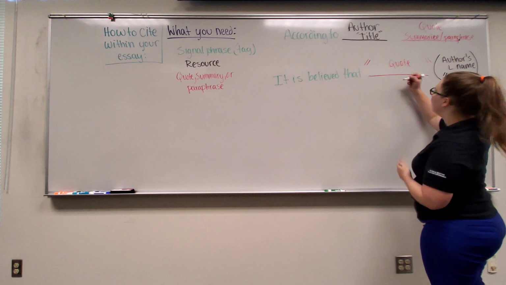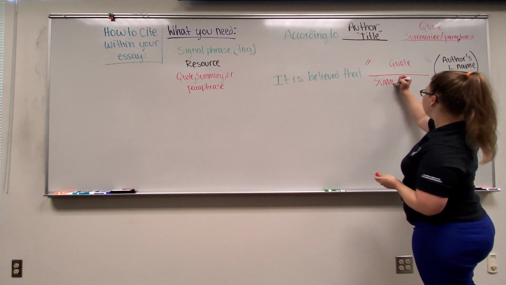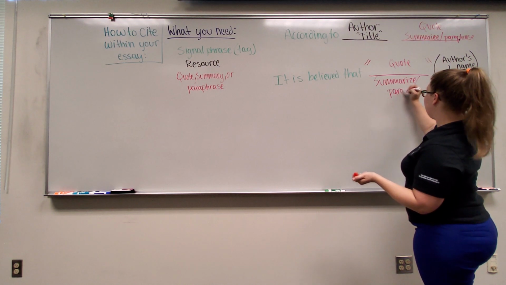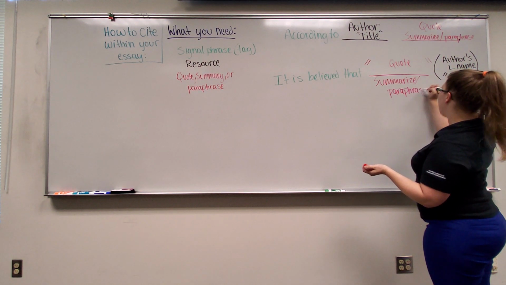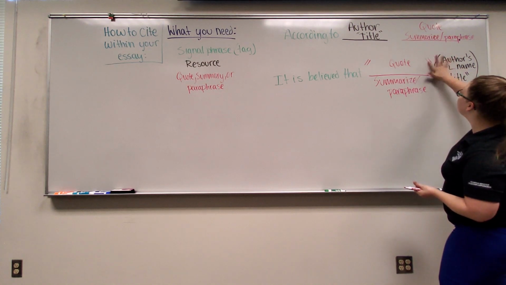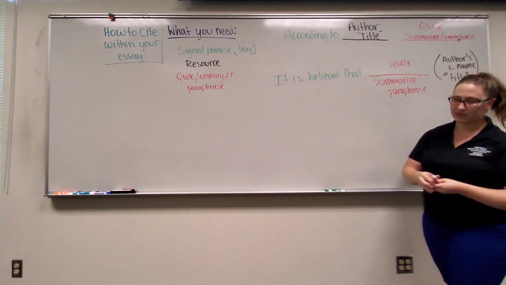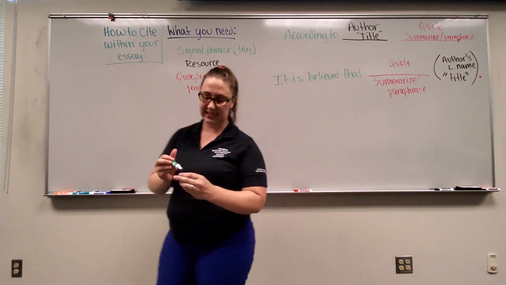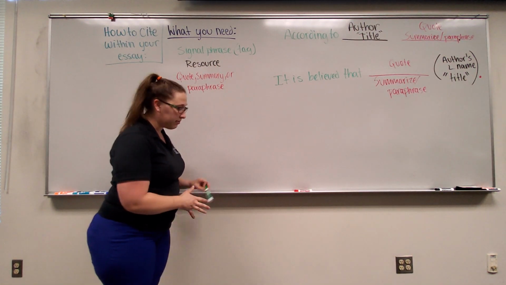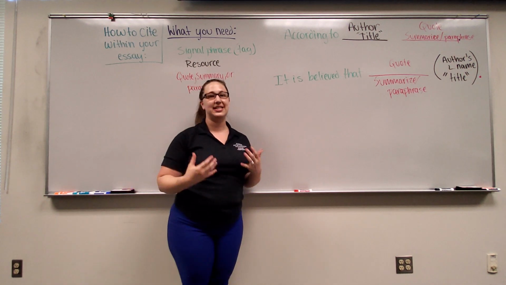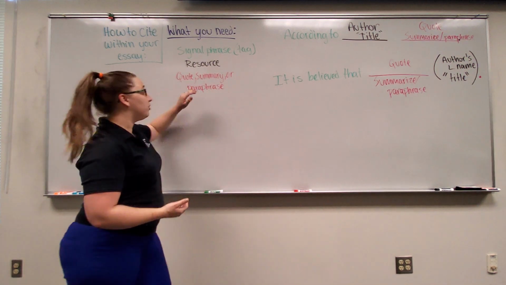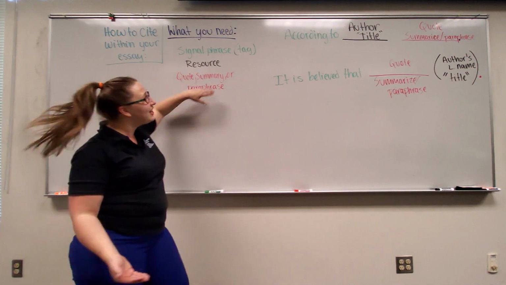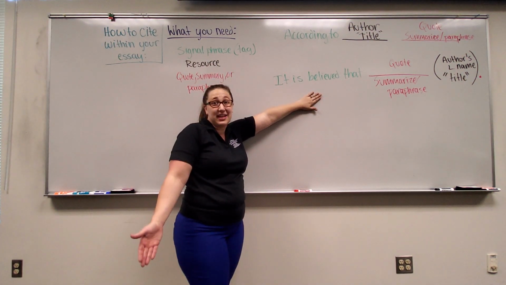Or maybe you summarize or paraphrase here instead. And as we know, if you're summarizing or paraphrasing, you are not quoting, so you just get rid of the punctuation. The formula is still the same. So when it comes to including resources into your essay, pick whether you want to quote, summarize, or paraphrase your information, and then pick whichever formula works best for you.